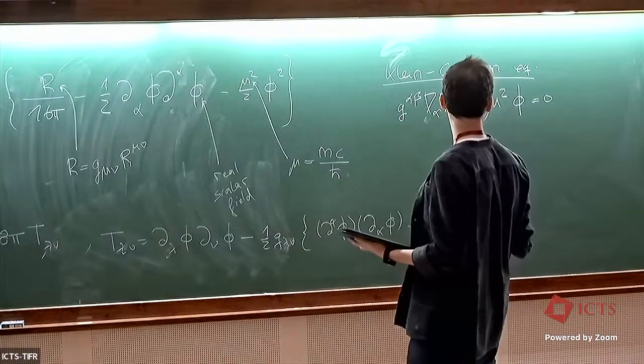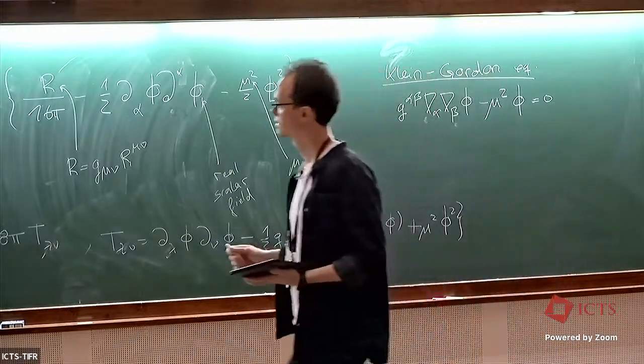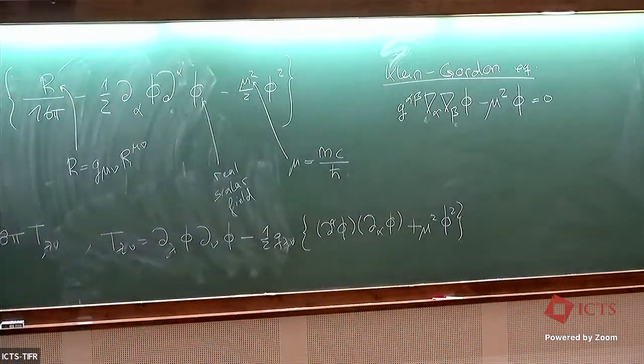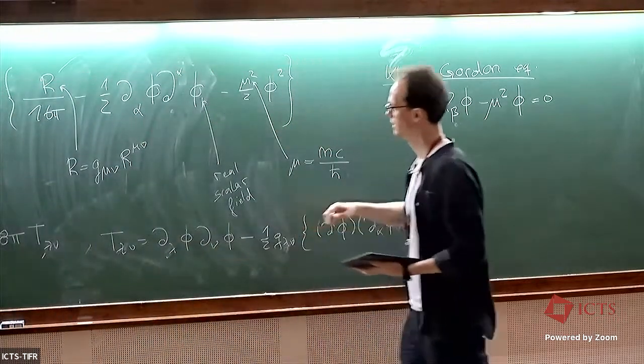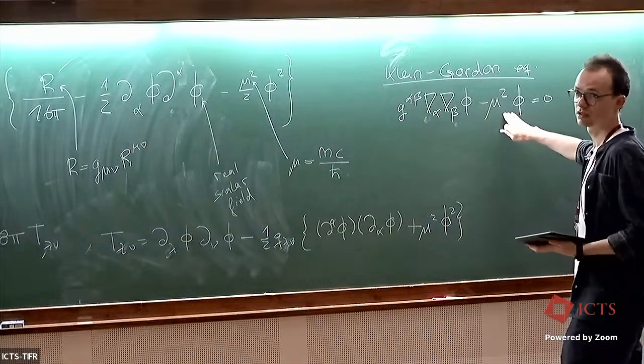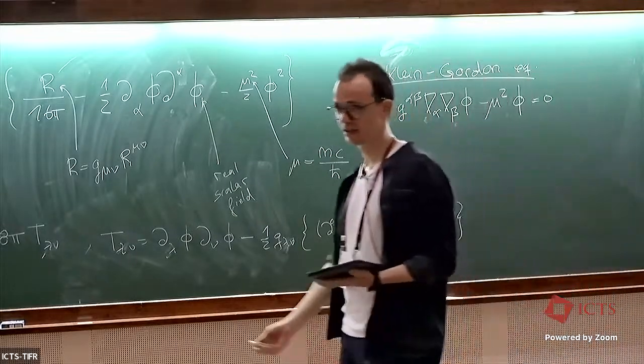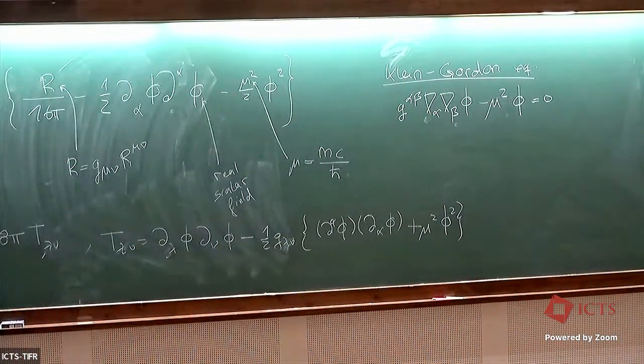Okay, so now the general approach to these two equations, so basically the Einstein equation and the Klein-Gordon equation, is going to be perturbative. Because of course, in general, these equations are very, very difficult to solve, and so you can't really make a lot of progress analytically.